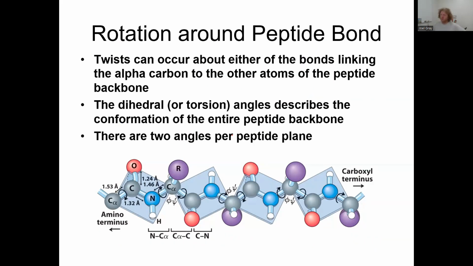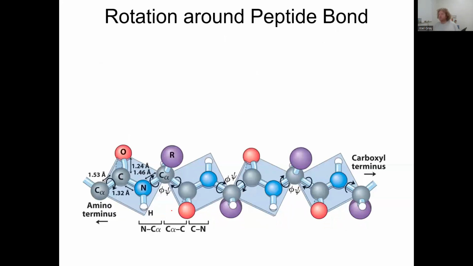Now, the dihedral or torsion angles describe the conformation of the entire peptide backbone. There are 2 angles per peptide plane, okay? These angles are recognized and referred to as a phi and a psi angle.